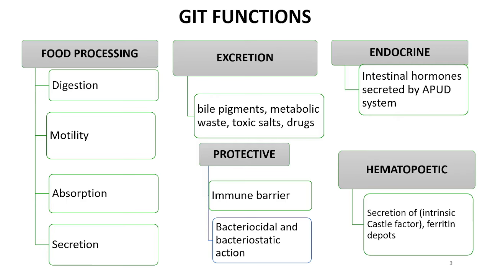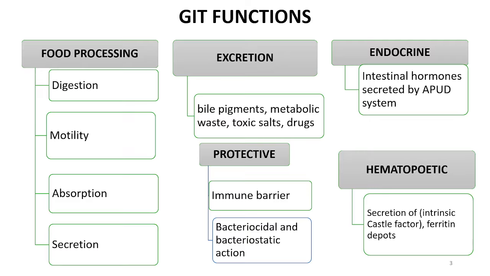basically propulsion of this food, propulsive peristalsis and mixing movements, which allow to mix the chyme with digestive juices and propulse it from esophagus all the way down to the rectum.